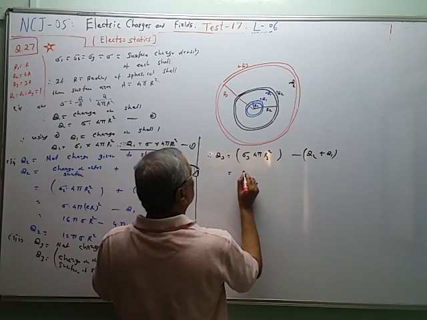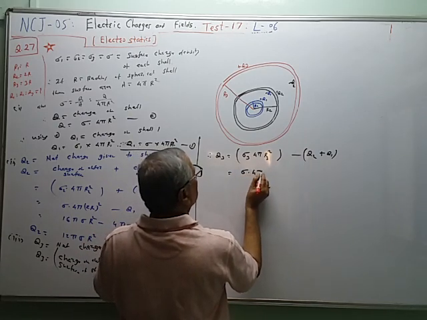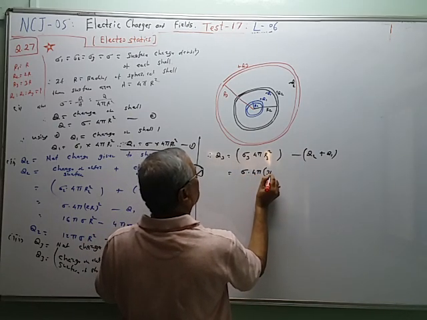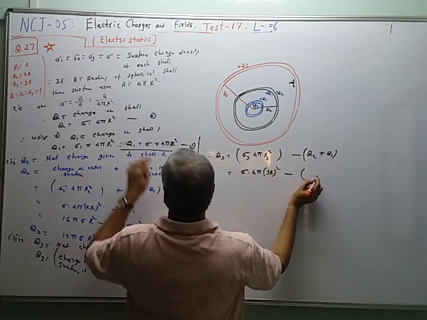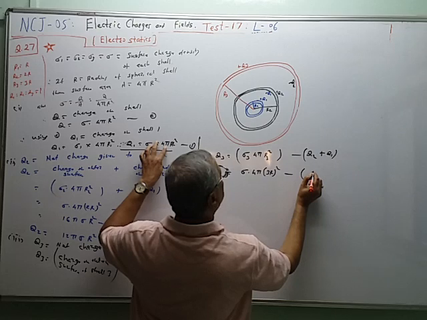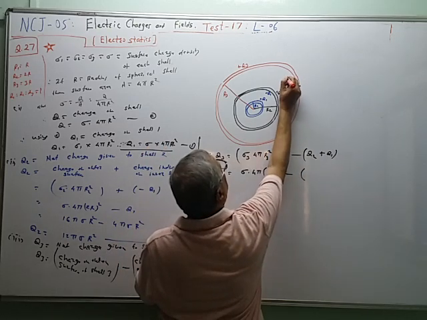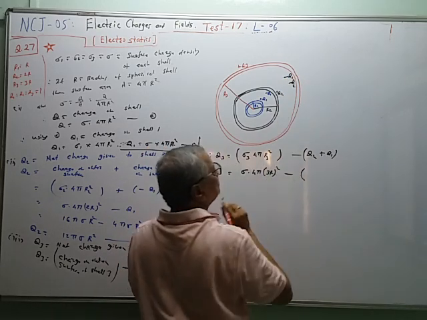So this is equal to sigma multiplied by 4 pi into 3R square minus Q2 minus Q1.